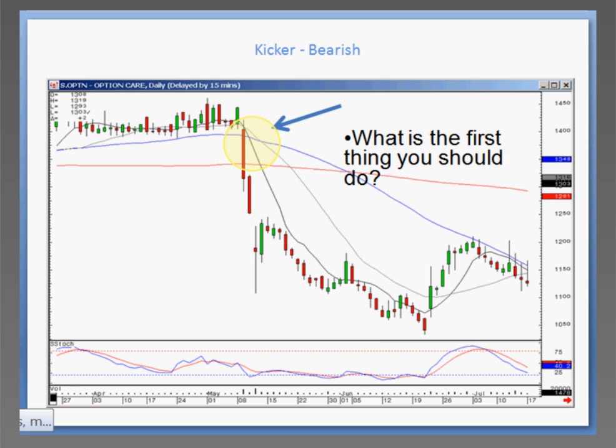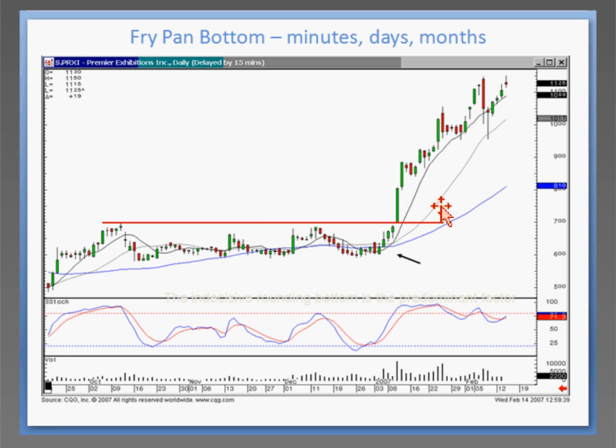So if we can see the signals, and we can also see patterns, there's our fry pan bottom. We just went through a whole process saying we're looking for signals. Buy signals are in the oversold area, but a pattern is different. When they break out a pattern, it's usually going to be when the stochastics are in the overbought condition. And what do we expect coming out of a fry pan bottom?